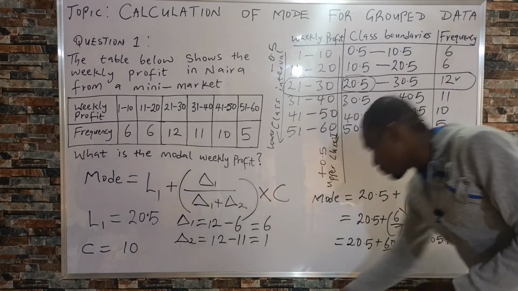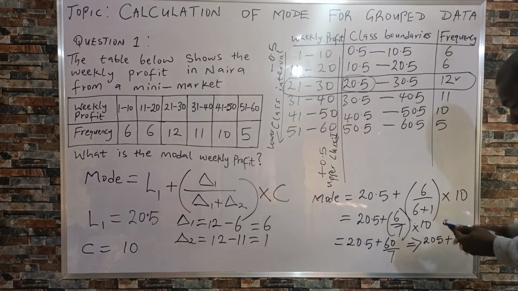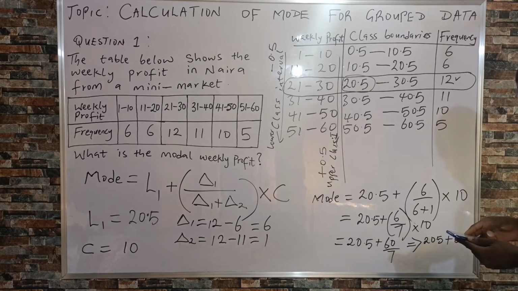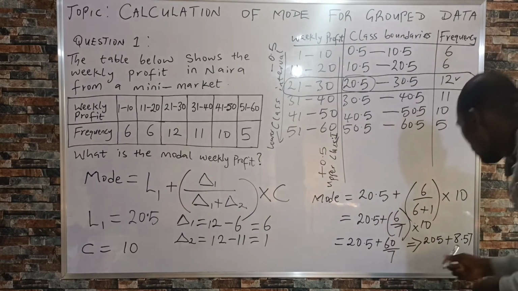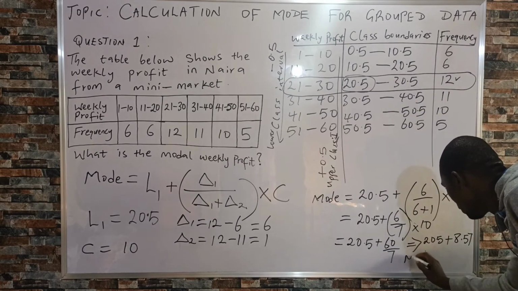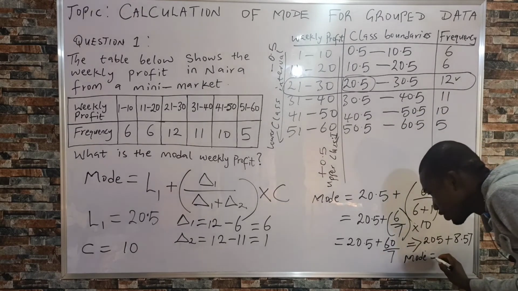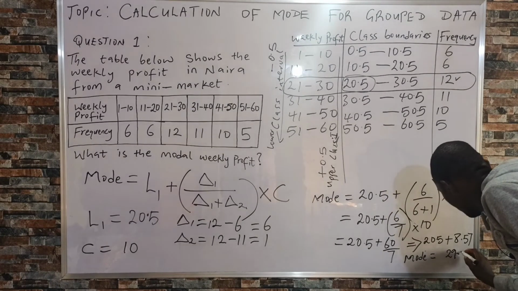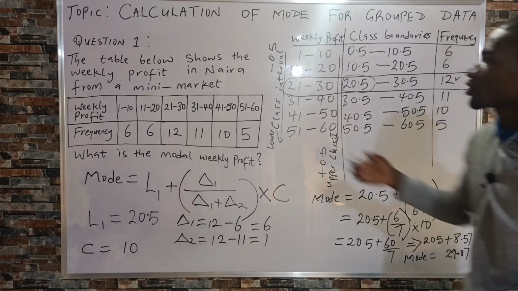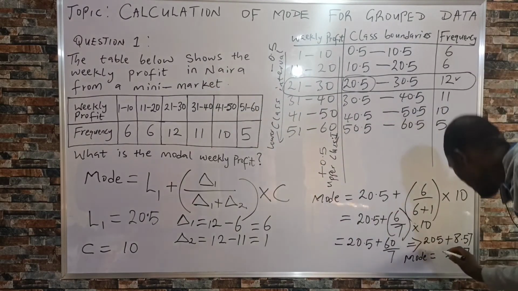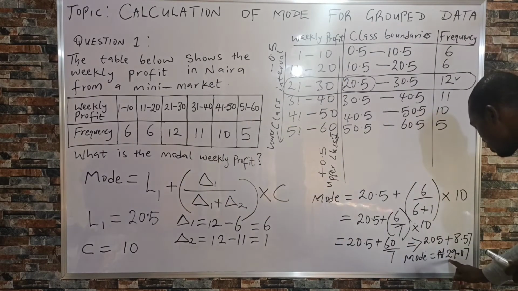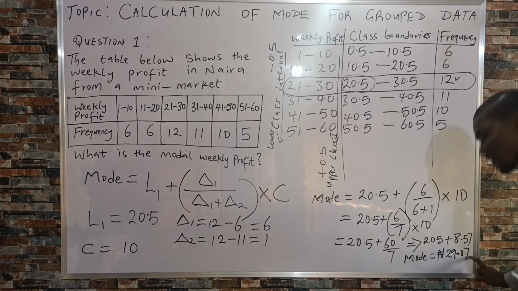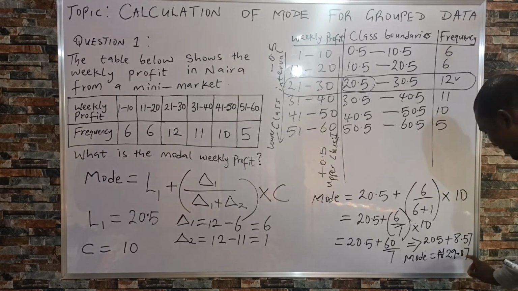So when we add 8.57 to 20.5, we have 29.07. So here we have that our mode is equal to 29.07. But remember, we are talking about the value of naira, so it will be in naira. Hence, our modal weekly profit is very simple. That is 29 naira 07 kobo.